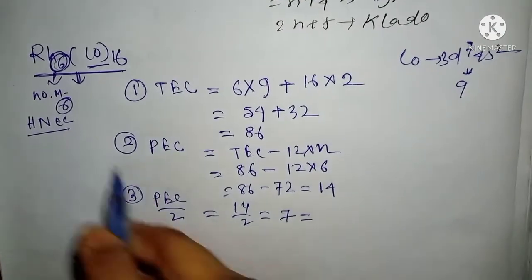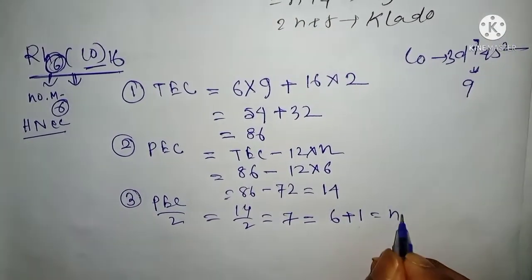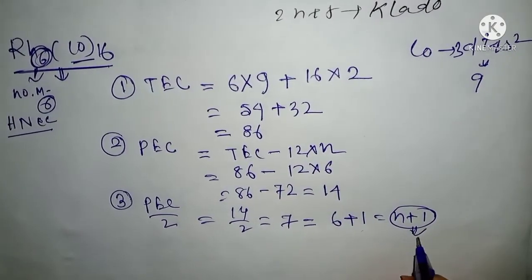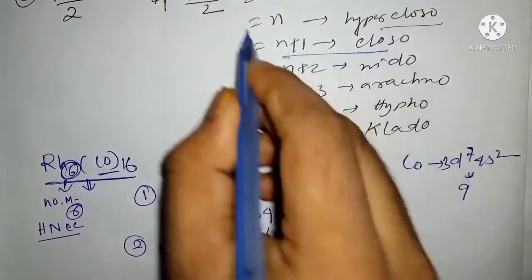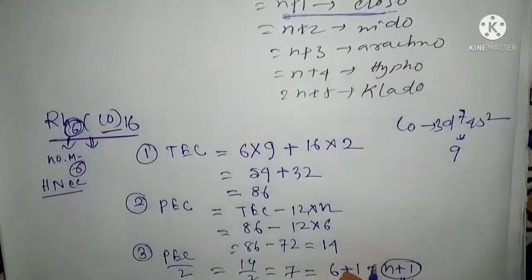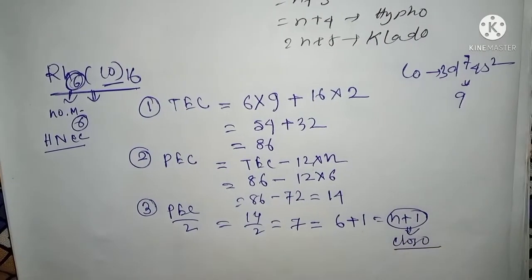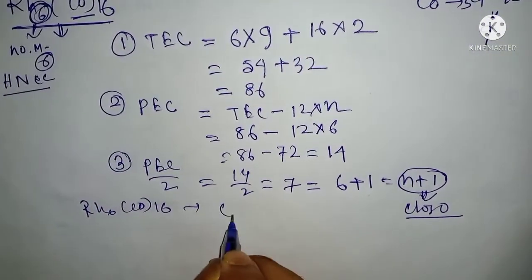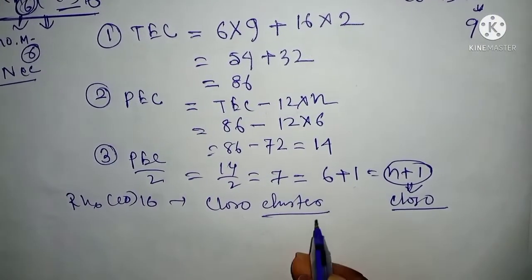Now the number of metal atoms is 6, so 6 plus 1 equals 7. This is the n plus 1 rule, and n plus 1 means closure. So Rh6(CO)16 is a closure metal cluster.